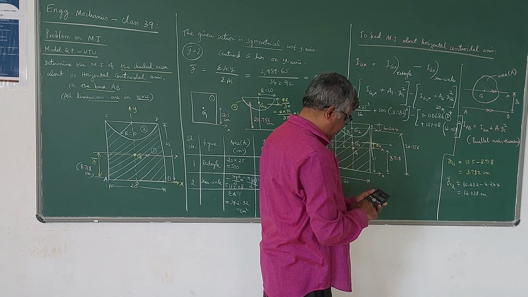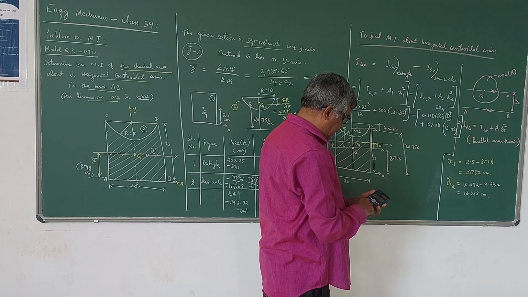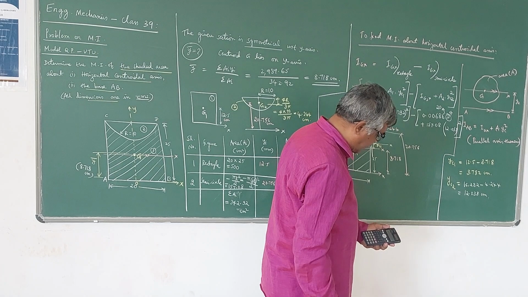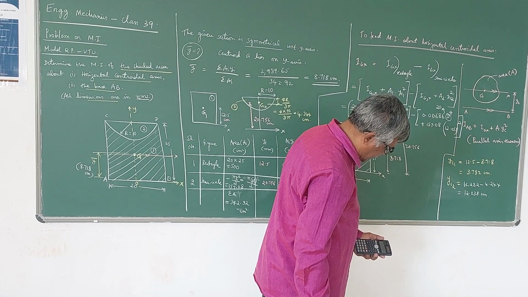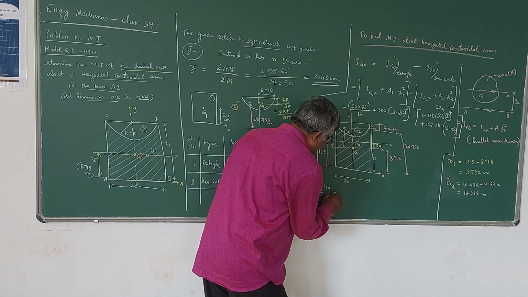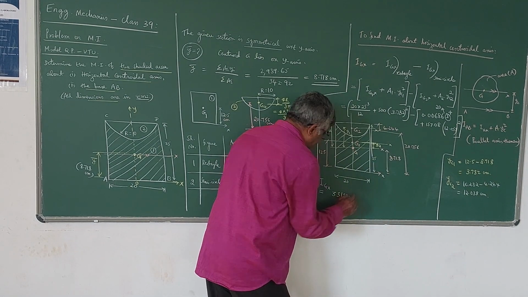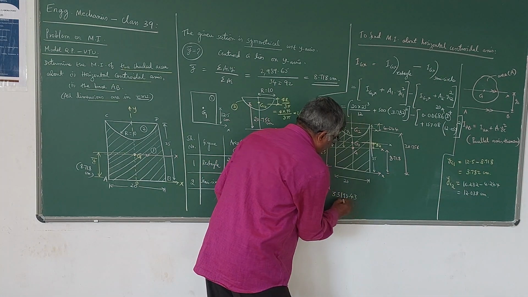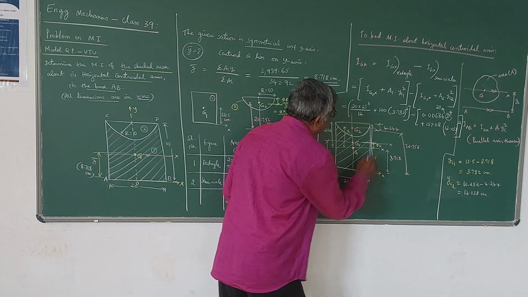500 into 3.782 square. So the value you are going to get is 33193.43, that is for this part.